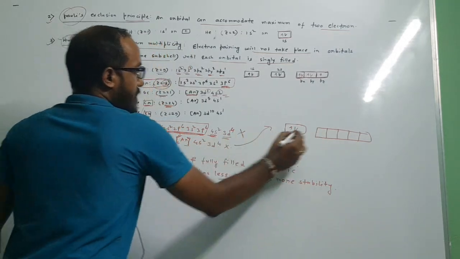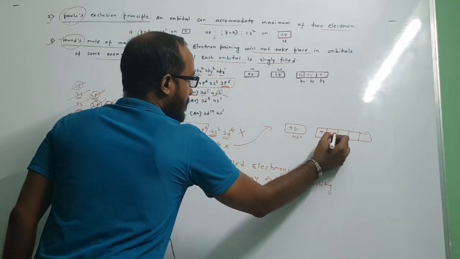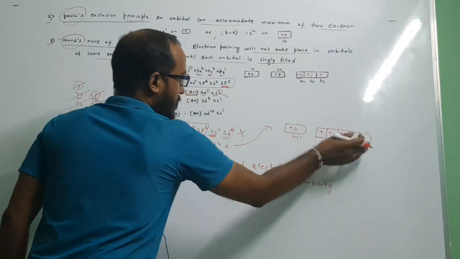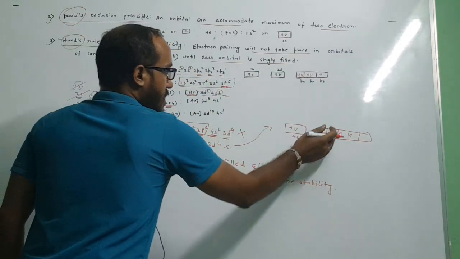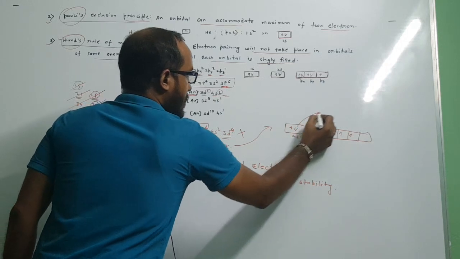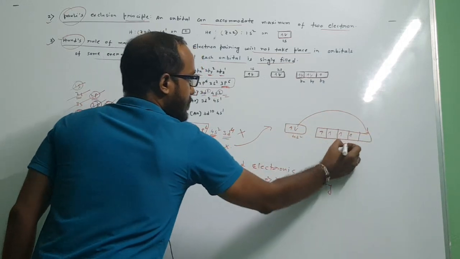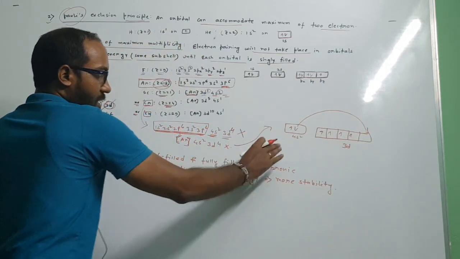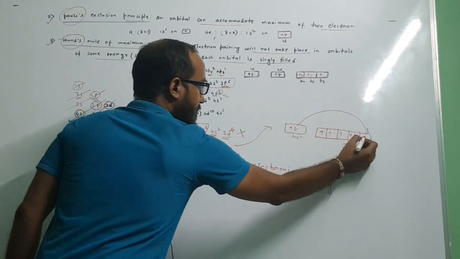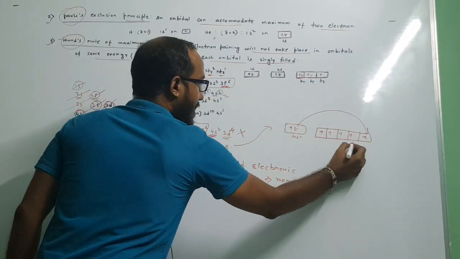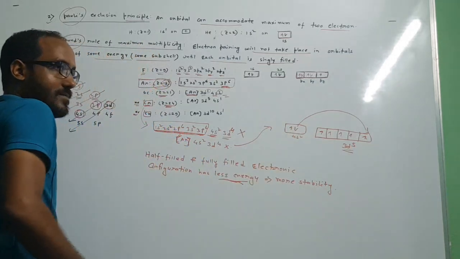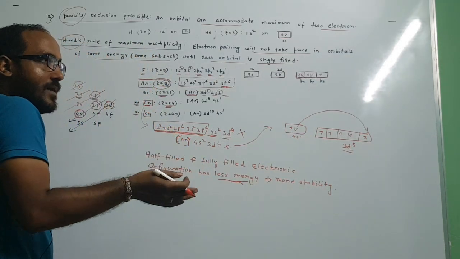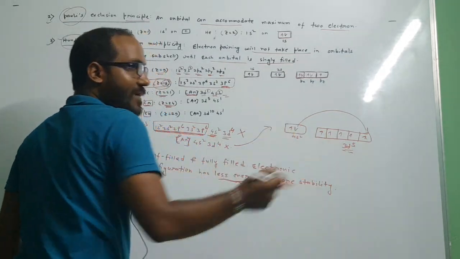So one electron will go here, one here, one here, one here, according to Hund's rule. One electron will fill first. But if one electron jumps from 4s to 3d, then it will have 3d5. So 3d5 is half filled, because 3d10 is fully filled.